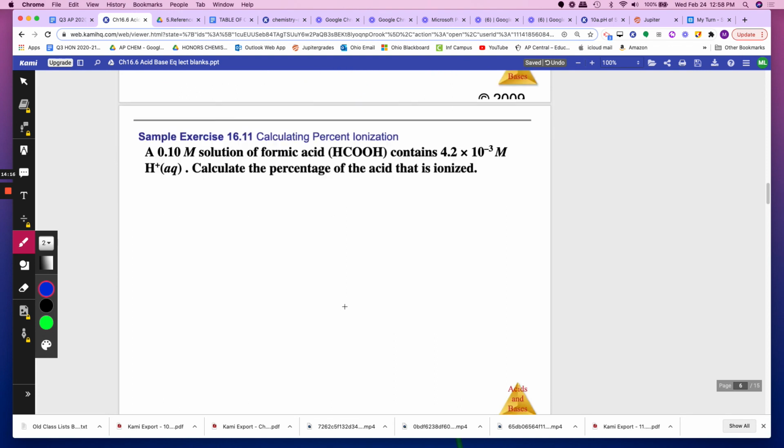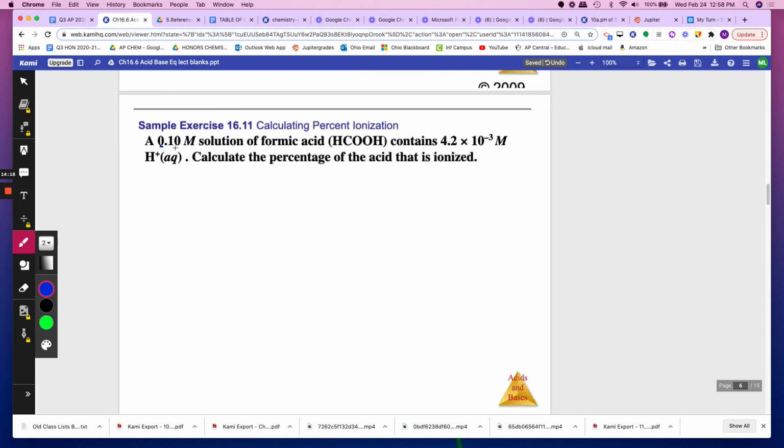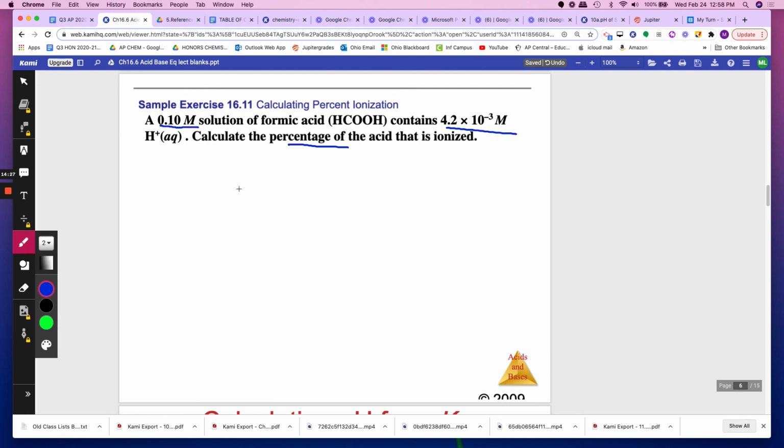Okay, let's do another example. It says that you have a 0.1 formic acid. It contains this much H plus. Find the percent ionized. Go ahead and pause the video and try it. Easy, percent ionization is equal to H plus over HCOOH times 100.